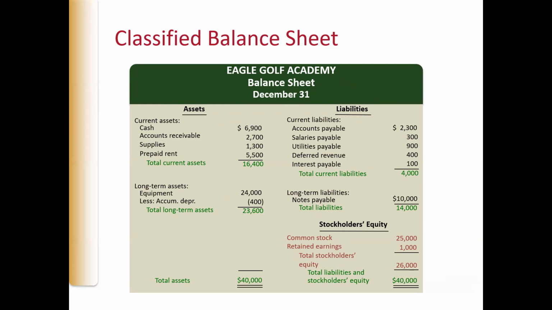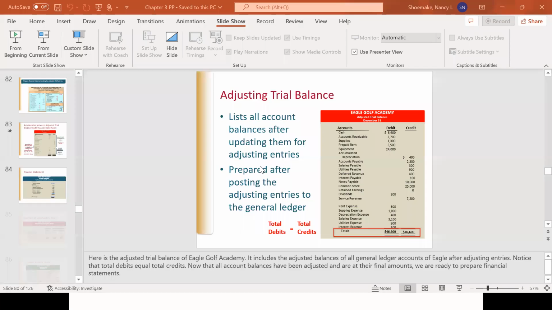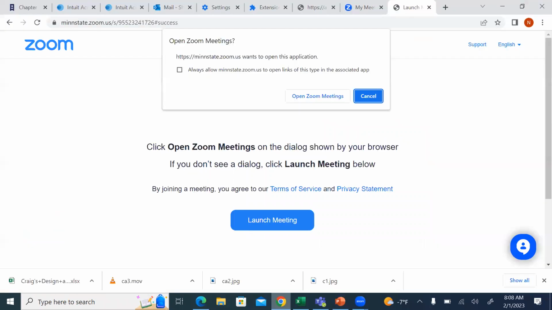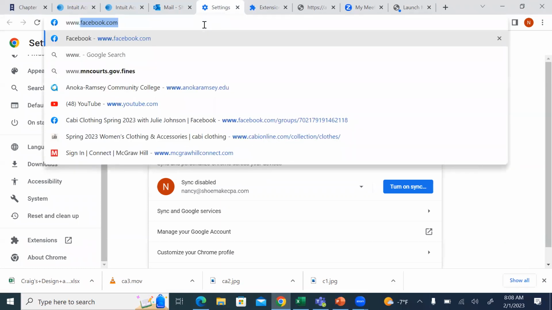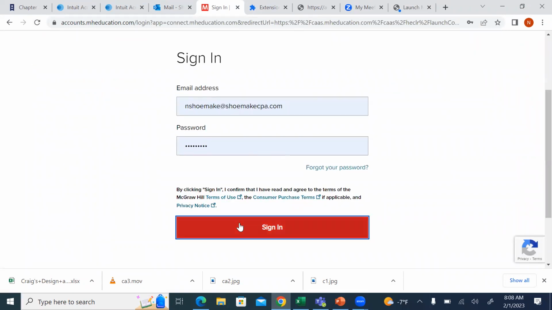So really, guys, once we've done the adjusted trial balance, it's easy to create these financial statements, okay? So let's go and find a problem so we can really get a picture of how this works.